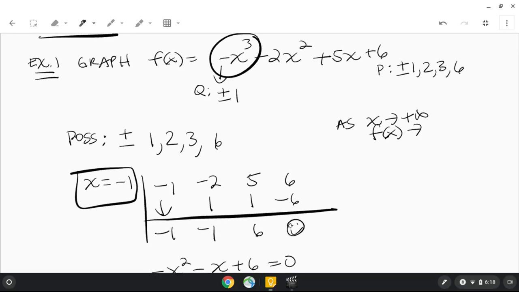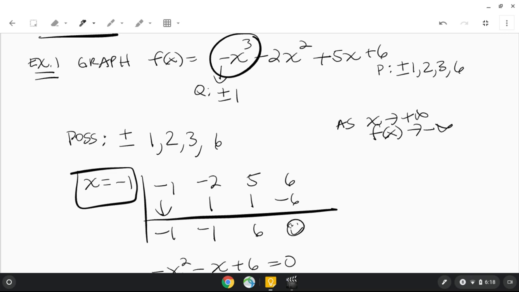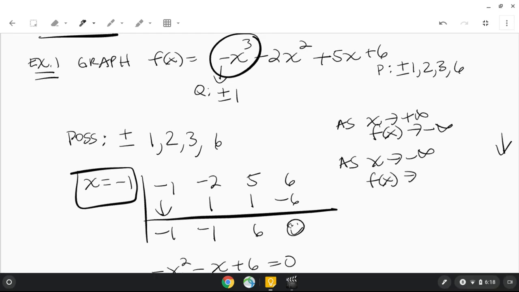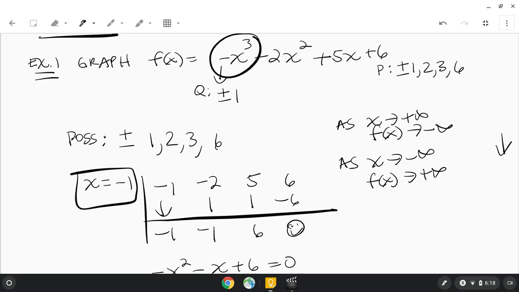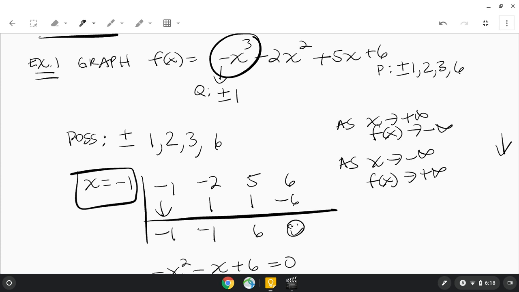So on the right-hand side, we'll be going down. And as x goes towards negative infinity, we plug in a negative number into that first term and get negative times negative, which is positive. So f of x goes towards positive infinity, and on the left, we'll be going up.